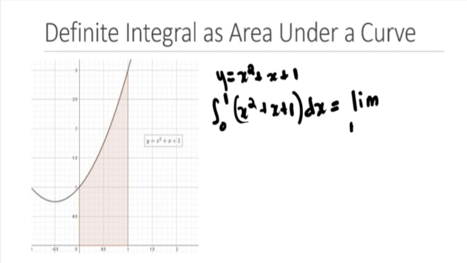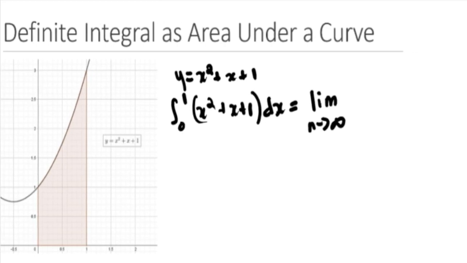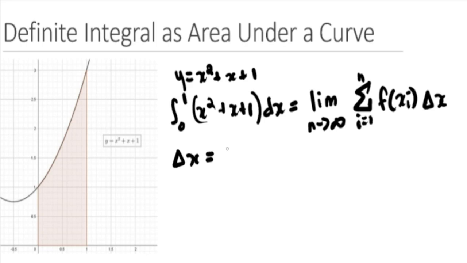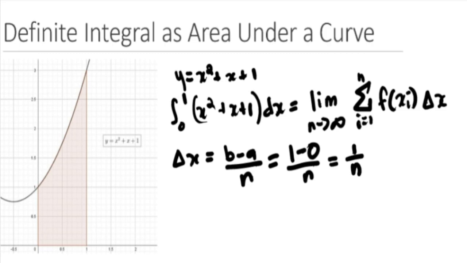So using the definition or using Riemann sums, this may be written this way. If we're going to solve for delta x, again, that is b minus a over n, or in this case, that is 1 minus 0 over n, or 1 over n.